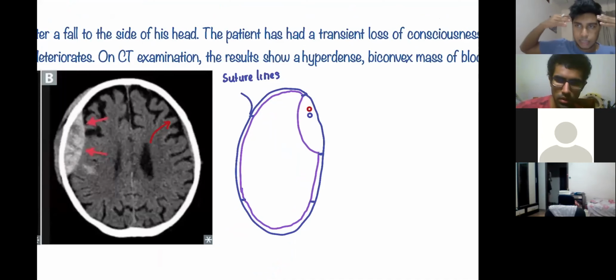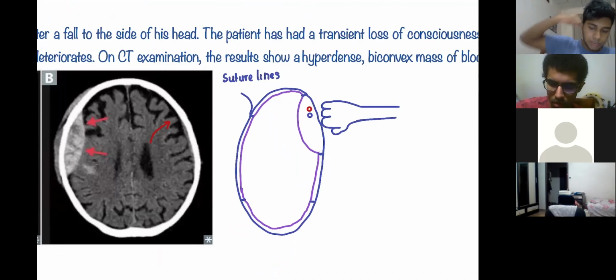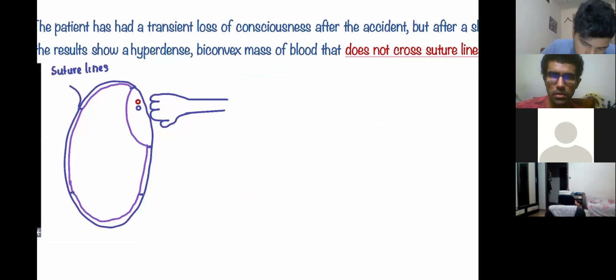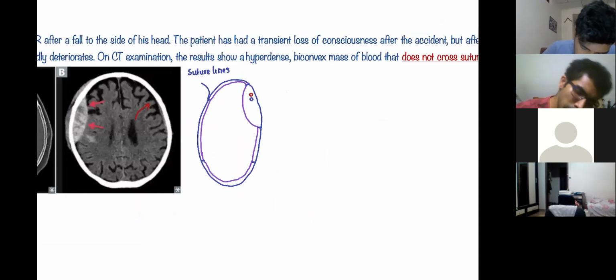Let's say he gets punched in this area. What is this area called? The weak area of the bone. This area in which three bones come and join. This is called the pterion region. This is very common in that area. This is the weakest area of the skull. It's called the pterion, P-T-E-R-I-O-N.